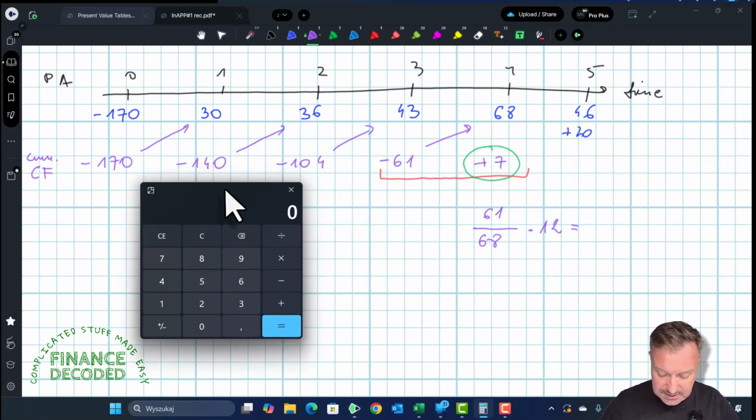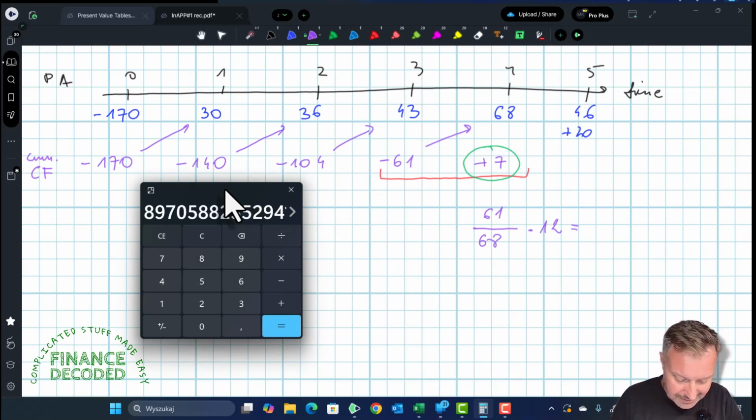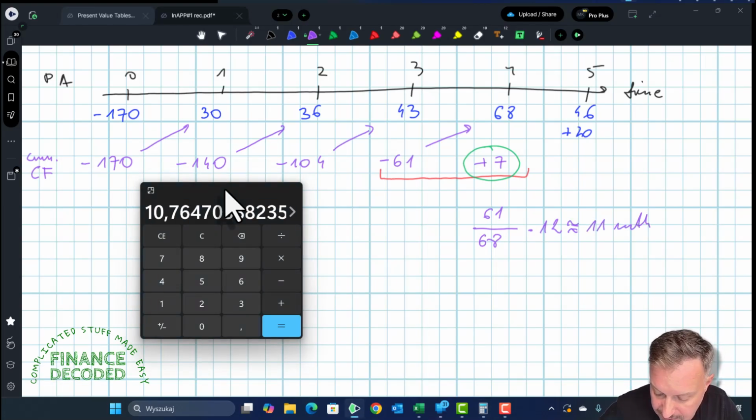To calculate it exactly, we're going to need a calculator. So I'm taking 61 dividing by 68, and as you can see, roughly 90% of the year is needed. So it's slightly less than 4 years, this payback period. Multiplying this by 12 months, I get something like 10.8 months. So roughly speaking, 11 months.